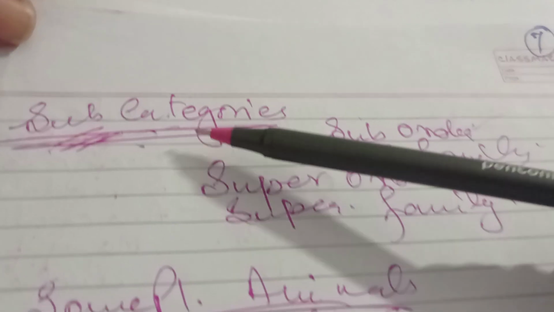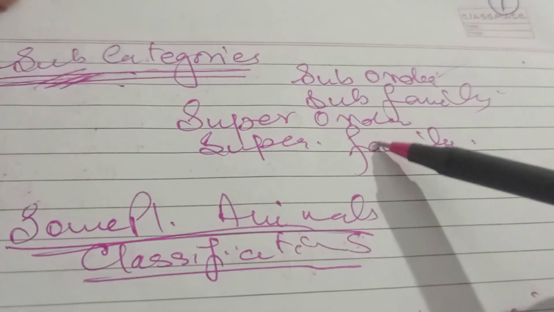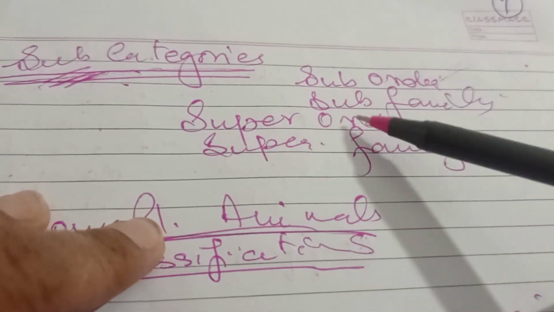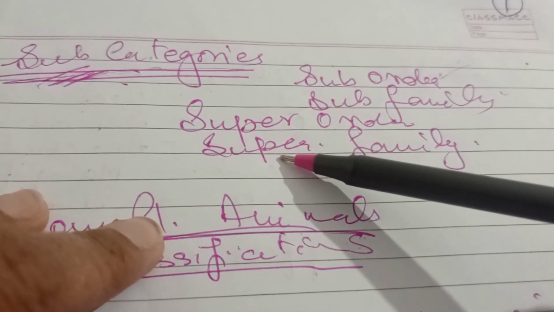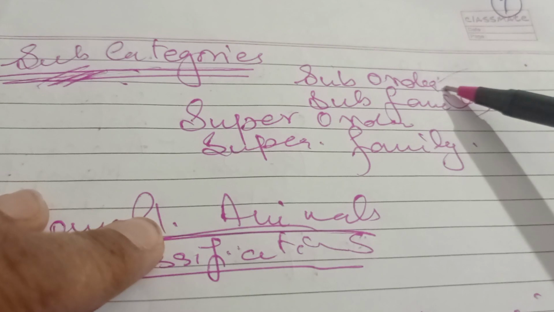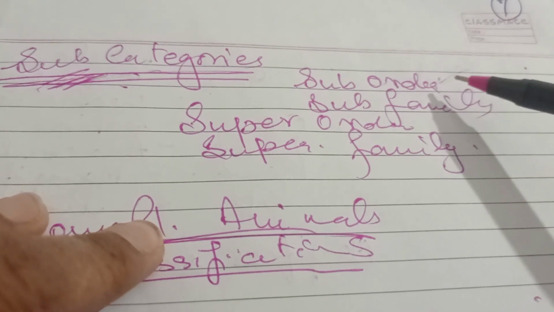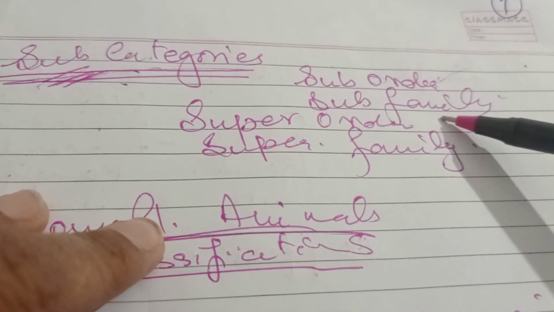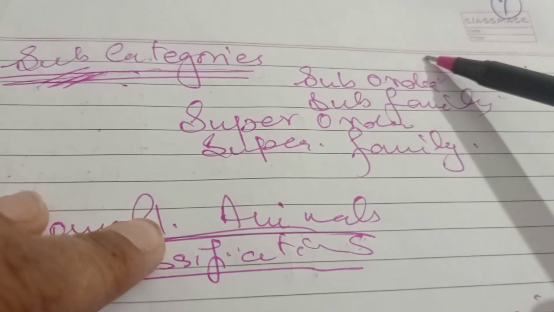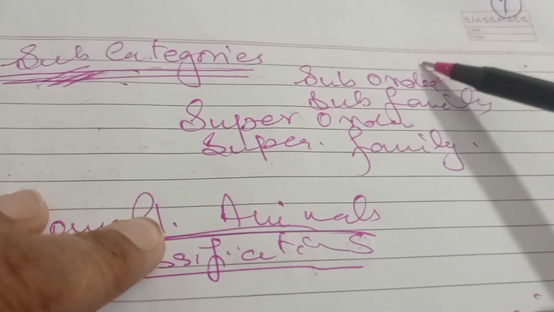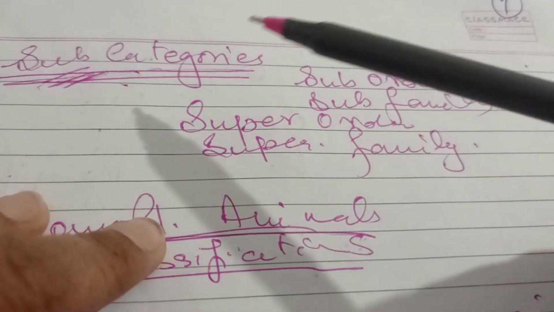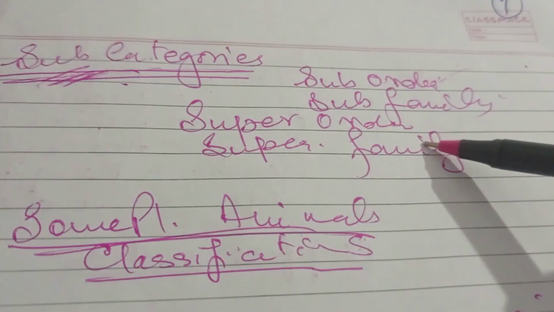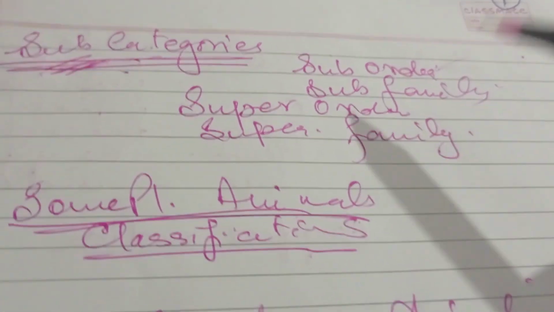Not in all the organisms, but in some you can find suborders, subfamilies, superorders, superfamilies. Means inside an order there are some suborders, inside a family there are some subfamilies, above order there is a superorder, above family there is a superfamily, like that. These subcategories are found in some organisms depending upon their diversity and complexity.